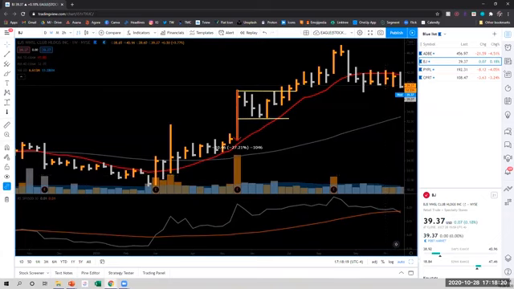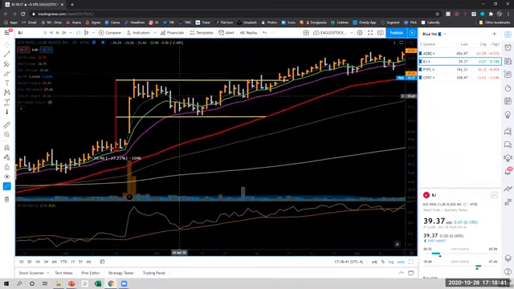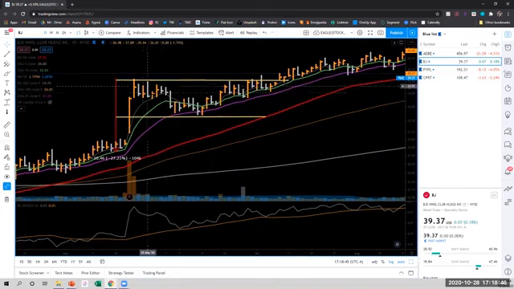Does it have a good shape to the setup? Yes, it does. It fits the definition of what we mentioned earlier. Is there volatility contraction within the base? Well, this is where looking at the daily time frame also becomes helpful. You come over here and you can see how the price action, just look at the bars, how these daily price bars are wider and looser, and then they're starting to tighten up.